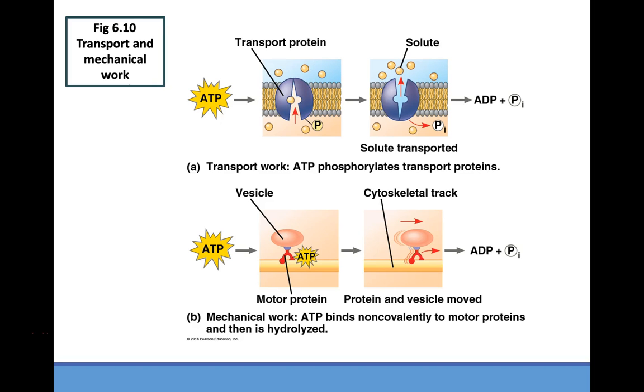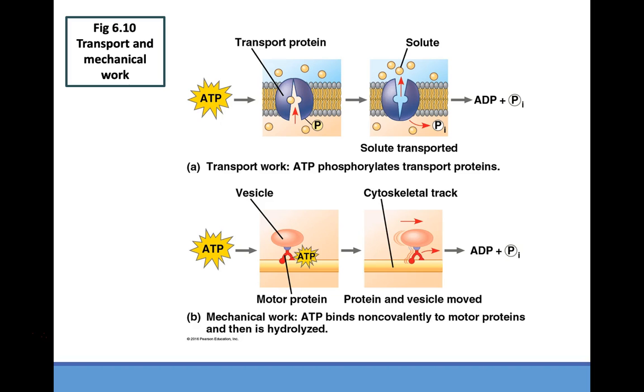And we get a sort of a phosphorylated intermediate from this process as well, in a way. ATP transfers its phosphate to that transport protein, causes it to become a little unstable, causes it to change its shape. Remember, this is a carrier protein.